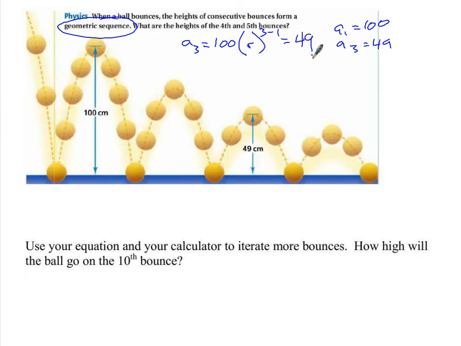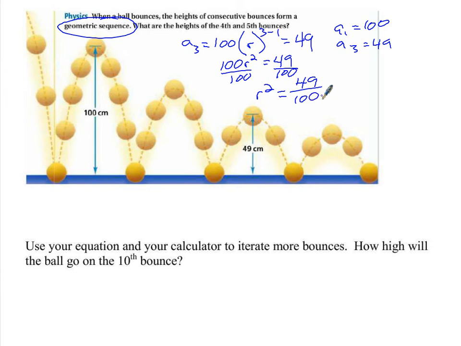Okay, so let's simplify that. We still have the 100 r squared equals 49. Now what? Divide both sides by 100. And we get r squared equals 49 over 100.